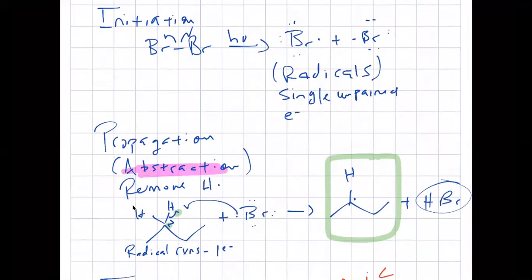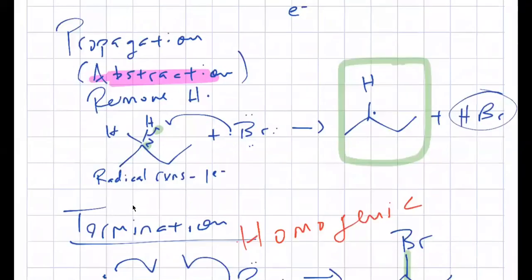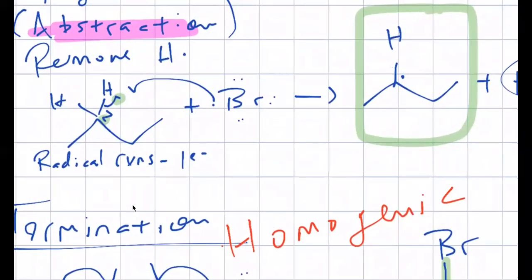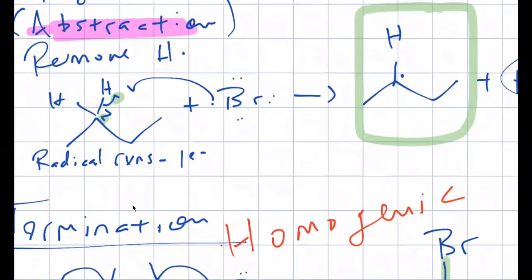And then every time that happens, it happens the exact same way, where you have the bromine giving up 1 electron, homogenically making a bond with hydrogen, and at the same time facilitating homolytic bond breaking between carbon and hydrogen that's shown here. Right, so that's carbon, that's hydrogen, and you're breaking the bond between them homolytically, right? And this is always a 1 electron process.